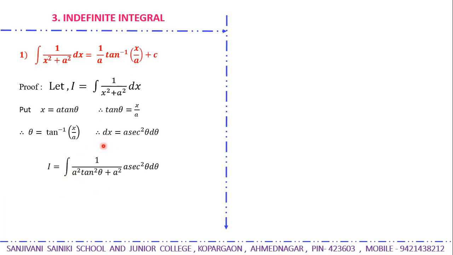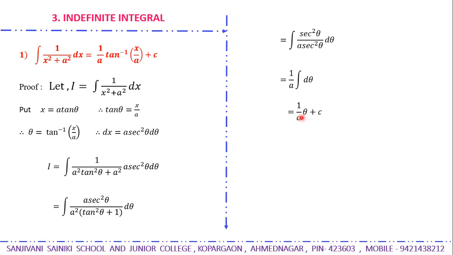We get integration 1 upon a square tan square theta plus a square, into a sec square theta d theta. From the denominator, we can take a square common. Then we get a square times the bracket 1 plus tan square theta. But 1 plus tan square theta is equal to sec square theta. So we get sec square theta upon a sec square theta. Here they cancel each other and we get 1 upon a integration of d theta.